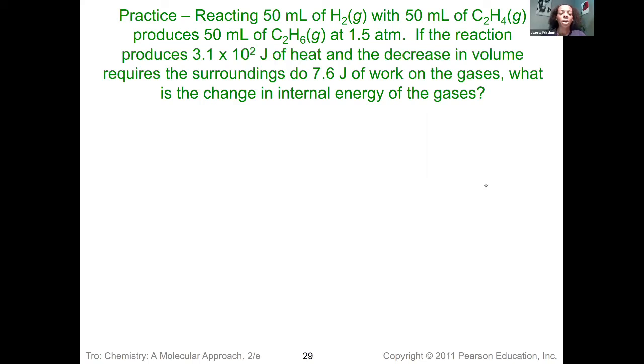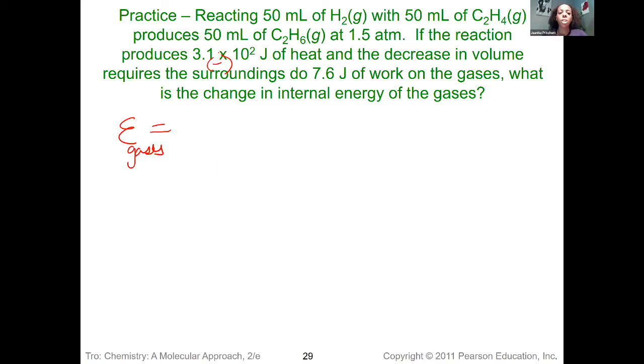If the reaction of the gases produces 3.1 times 10 to the second joules of heat, and the decrease in volume requires the surroundings to do 7.6 joules of work on the gases, what is the change in internal energy? Okay, so again, when we think about what our system is, what we're studying is this reaction, these gases. If the reaction produces 3.1 times 10 to the second joules of heat, we know that since the reaction did it, the system did it, we would assign that as a negative value.